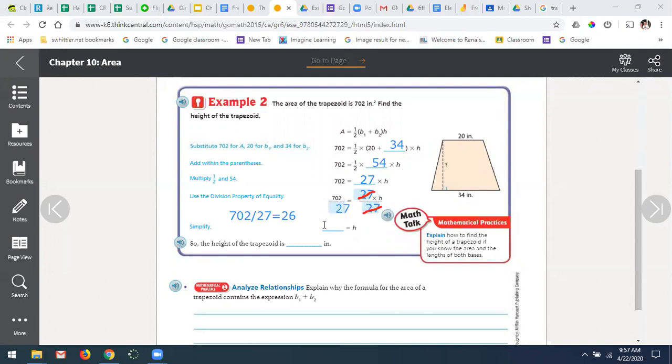Okay, so 26 is our height, 26 inches. So the height of the trapezoid is 26 inches.